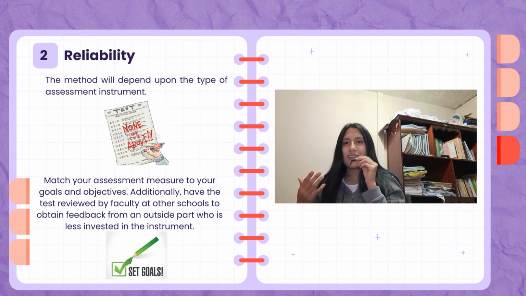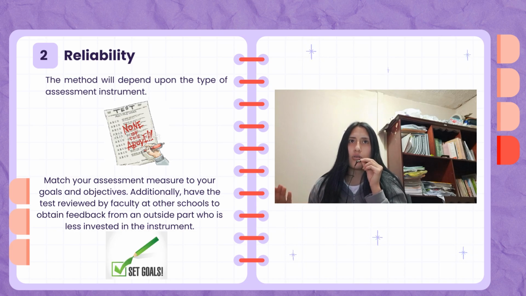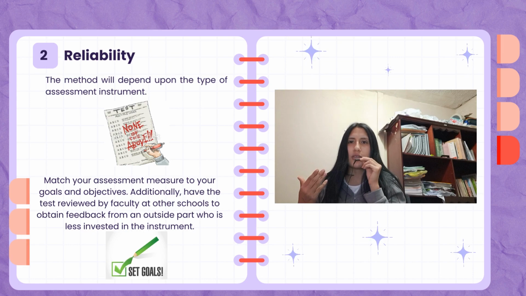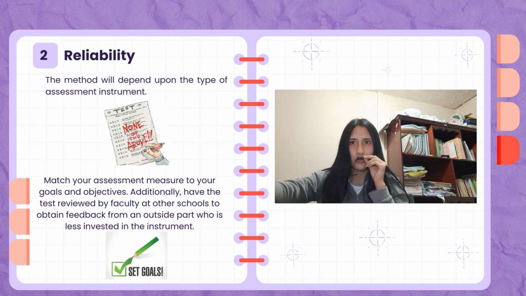So, in the same way as I mentioned before, you can share your ideas or planning with your colleagues, or look for information on websites, and you can share your ideas with teachers that are not invested in your class, so you can obtain feedback, and it may give you ideas to improve your class and achieve your class goals.